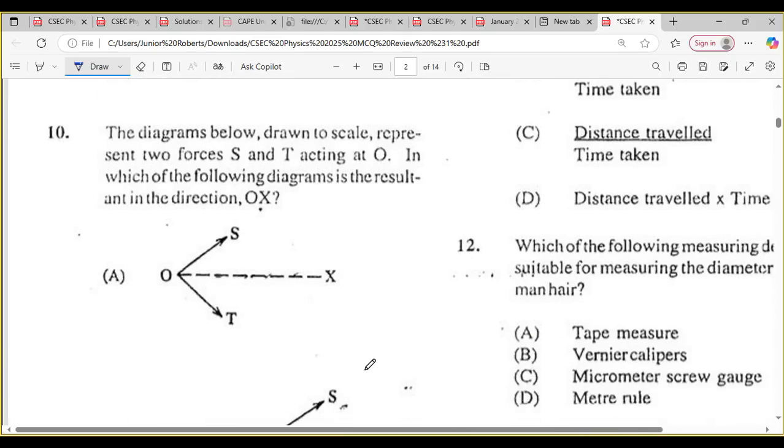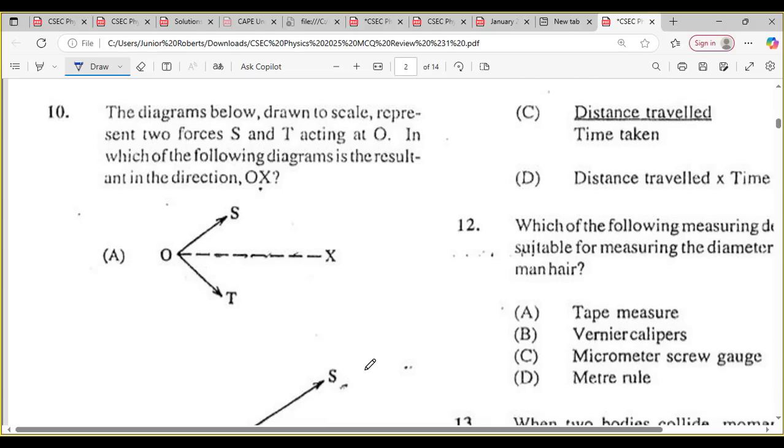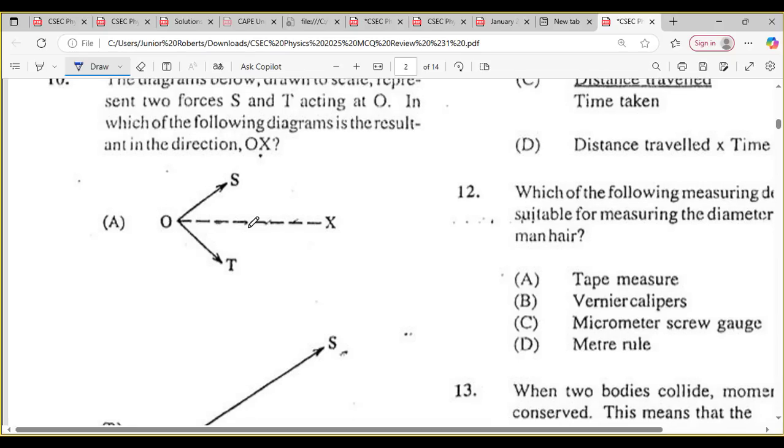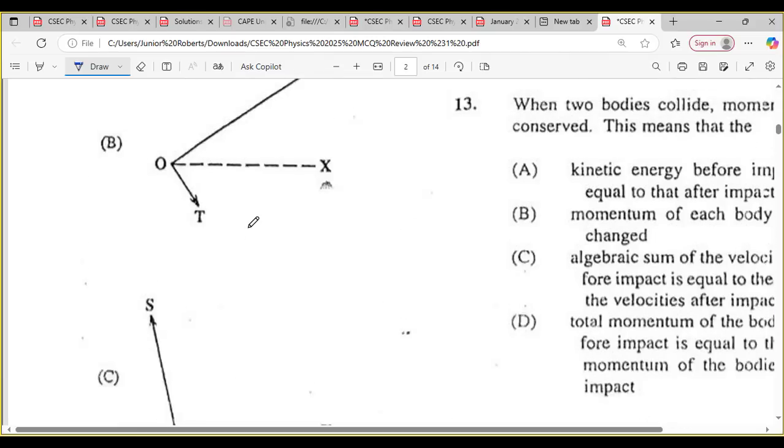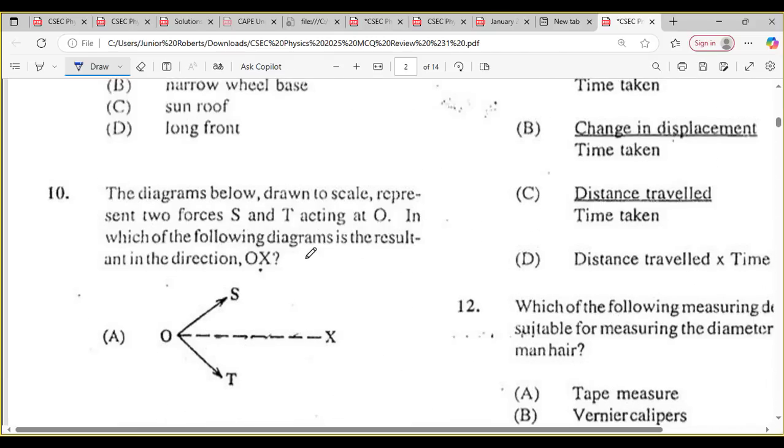Number 10 now says that the diagram below shows a scale. The diagram below, drawn to scale, represents two forces S and T acting at O. In which of the following diagrams is the resultant in the direction OX? As we look at our options, they want us to determine which of these would have the resultant along OX.